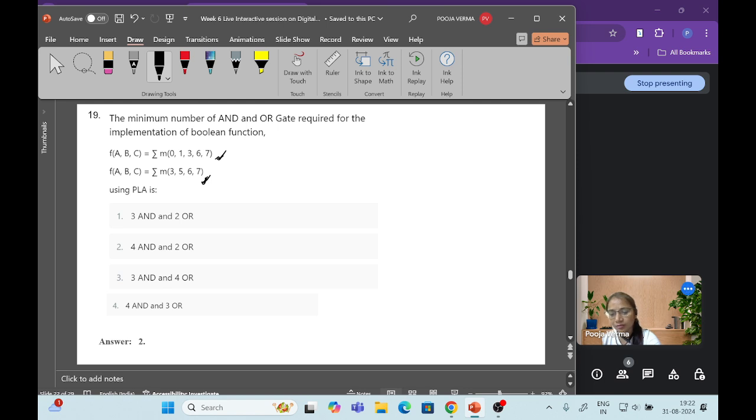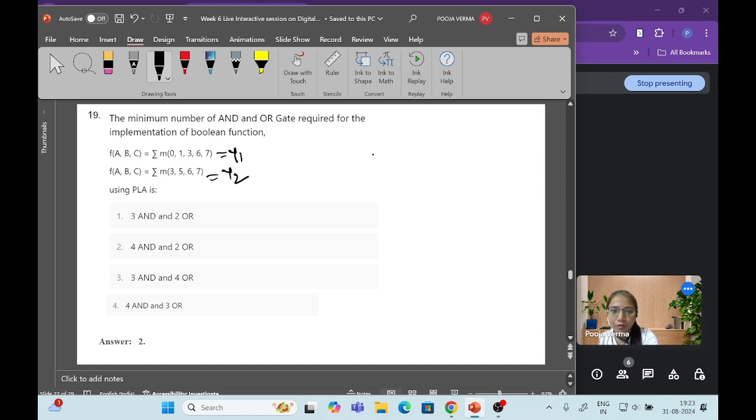And then we have to check the number of AND gates and OR gates. Okay, so let's assume that I'm giving some names: this one is y1 and this one is y2. Because we have to minimize for these two, min terms are given, so we need to find out the Boolean function.